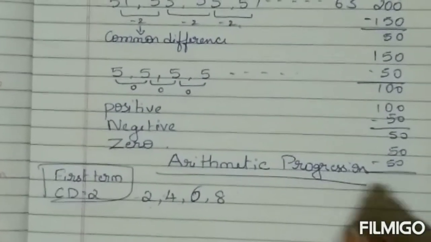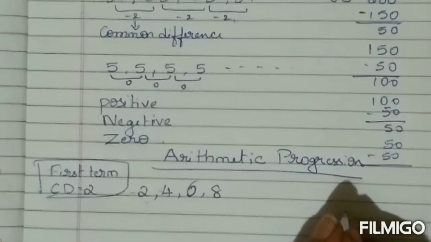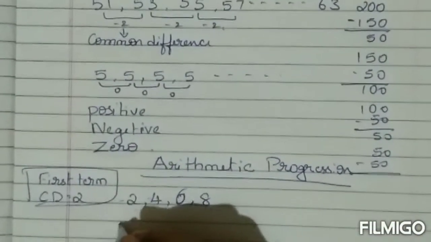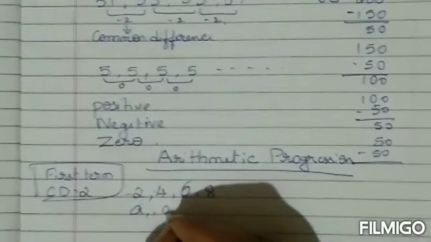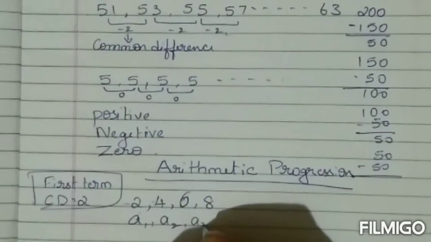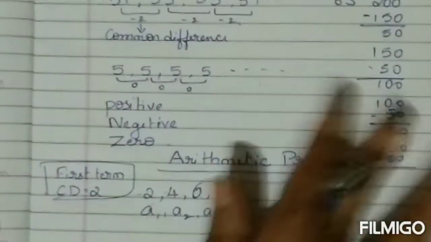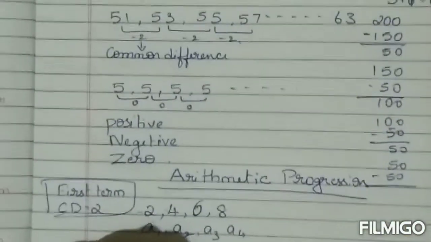Okay. Next thing what you have to know is, these are called A1. You can write it as A1, A2, A3, A4. Okay. You got this. There is a general form.